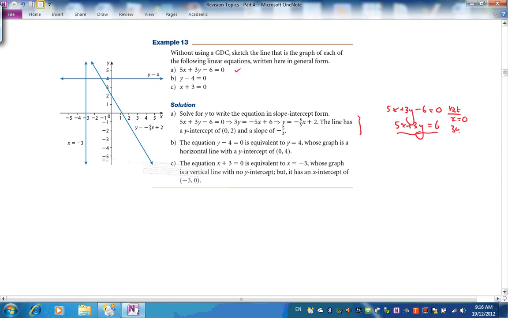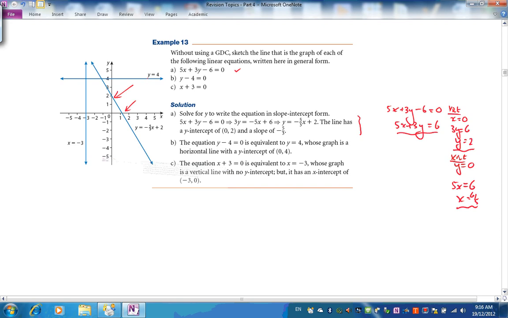So 3y would be 6, y would be 2, and the x-intercept is always when y is 0, so that means 5x would equal 6, x would be 6 over 5. I don't know whether that might be a better way of saying, well, okay, y equals 2 there, and this is 1 1/5 here.